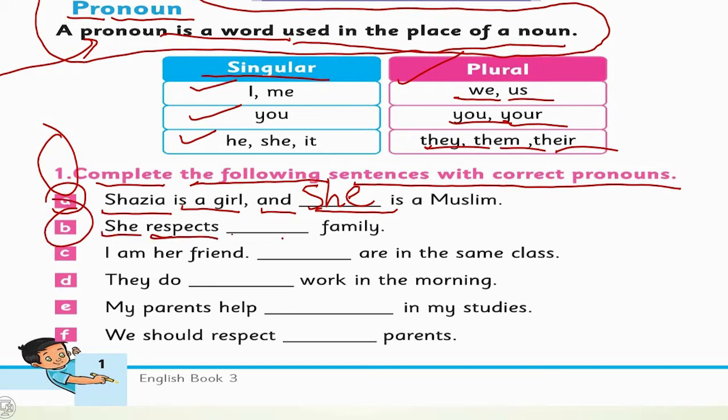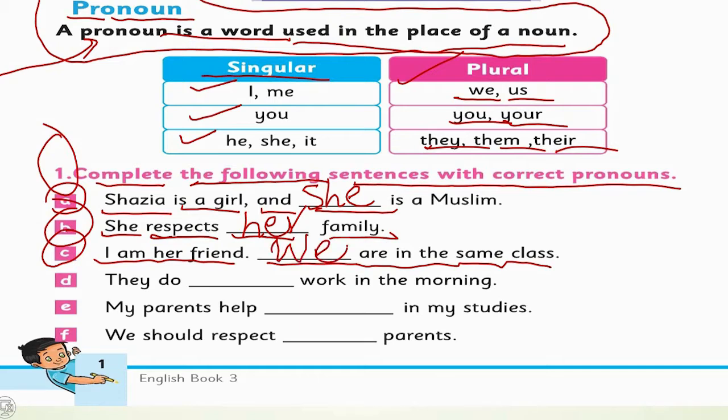She respects dash family. She respects her family. I am her friend. Dash are in the same class. We are in the same class.